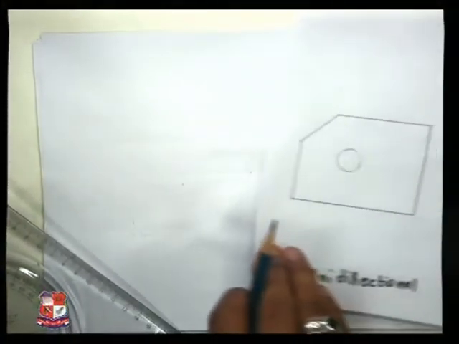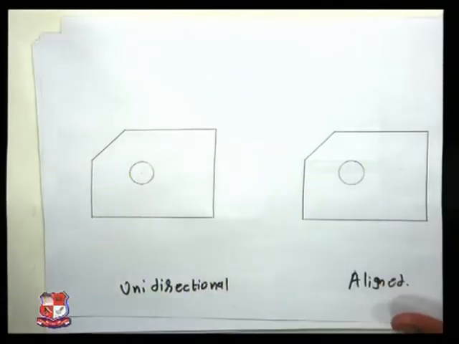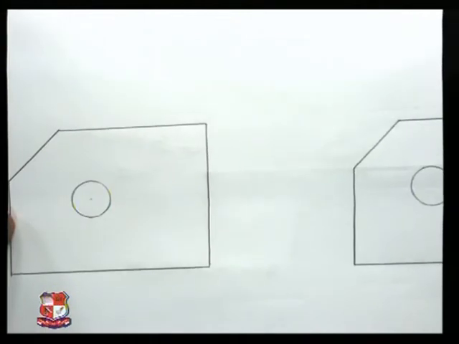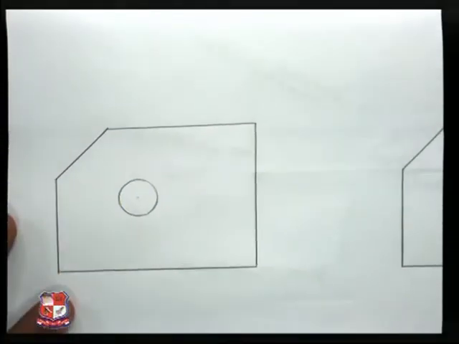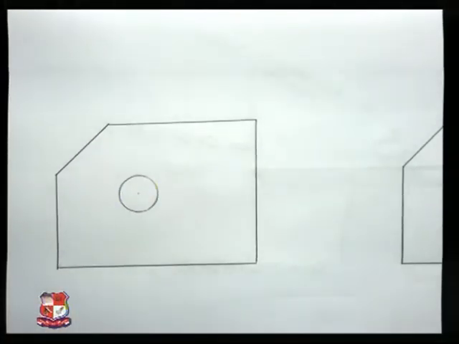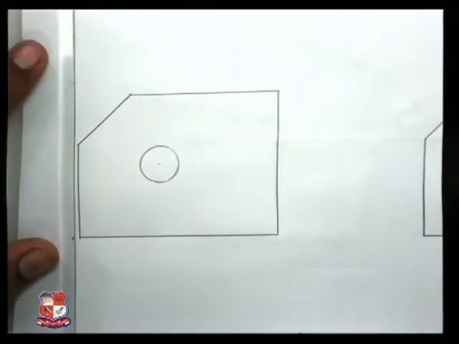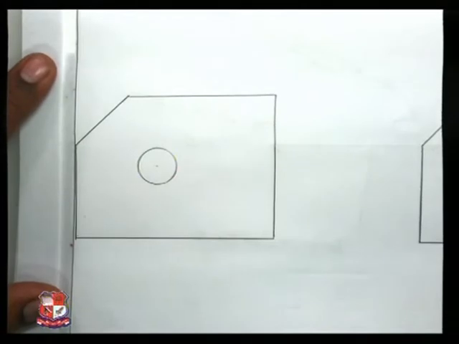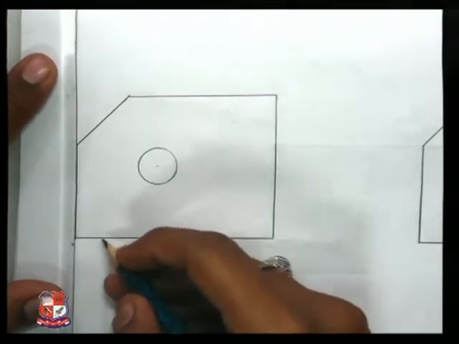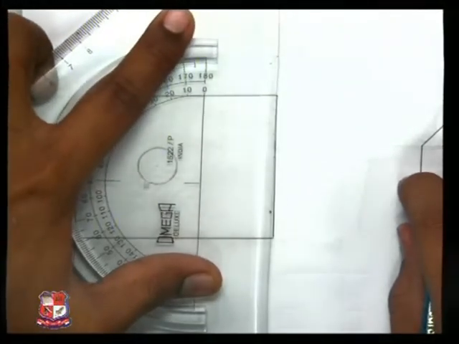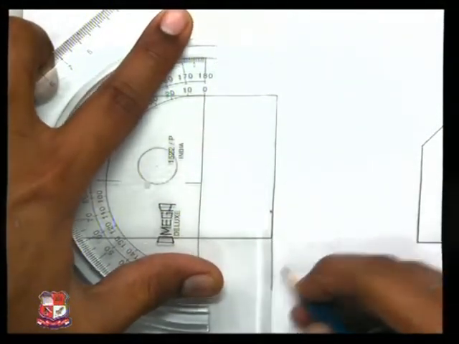Now we'll see how this unidirectional and aligned method works. First of all, we are looking at the aligned method, unidirectional method. This is called extension line. I am just extending the extension line.